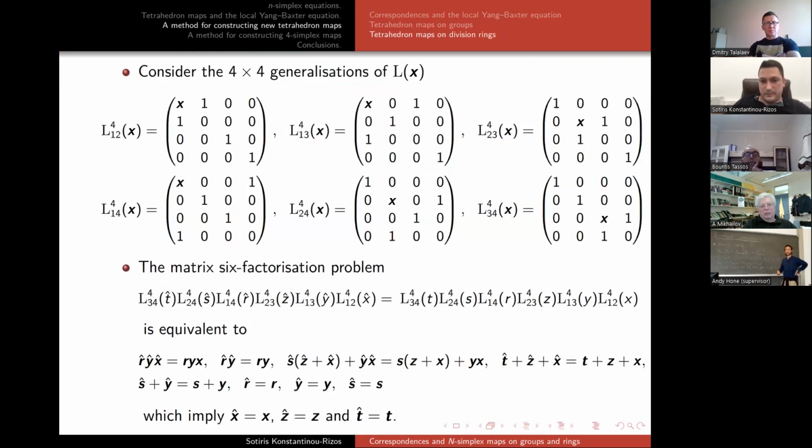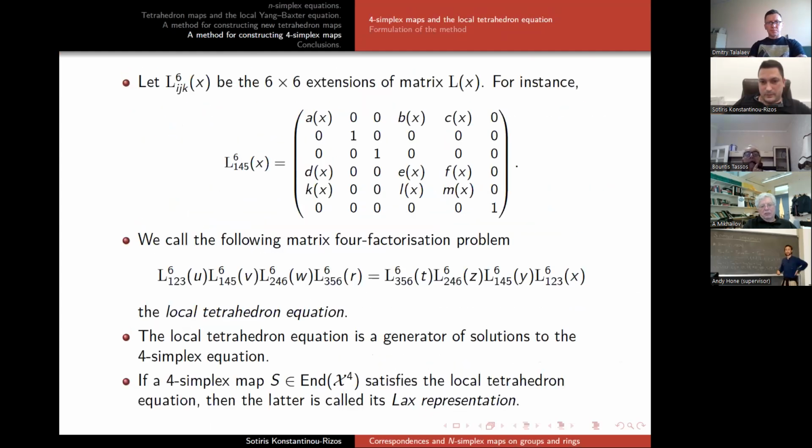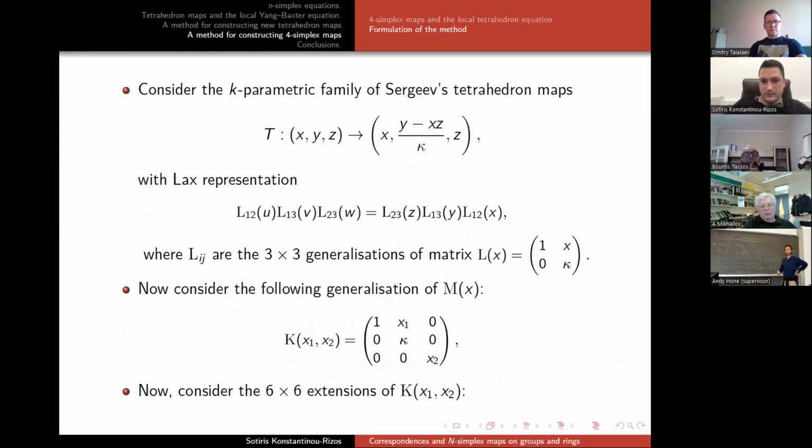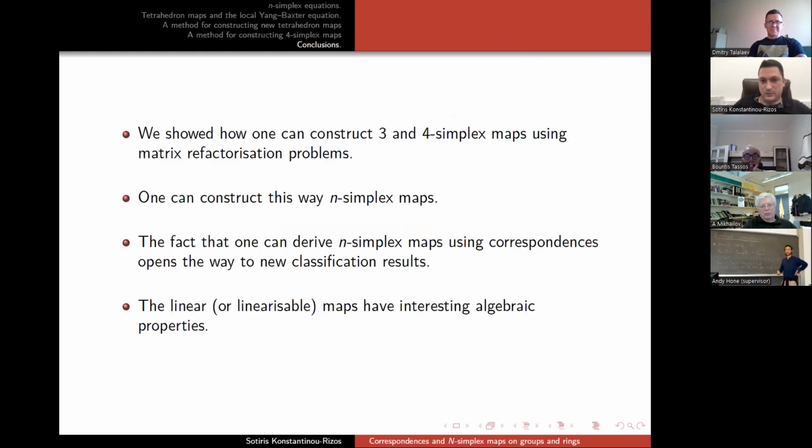However, I agree with Dima's intuition. I haven't written it here, but there should be a deeper reason why this four-simplex correspondences give rise to N-simplex maps, and maybe the right language to classify them is multi-valued groups.